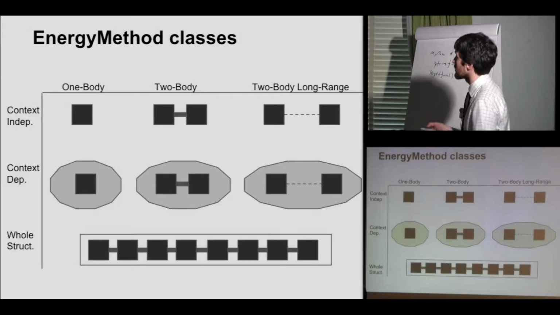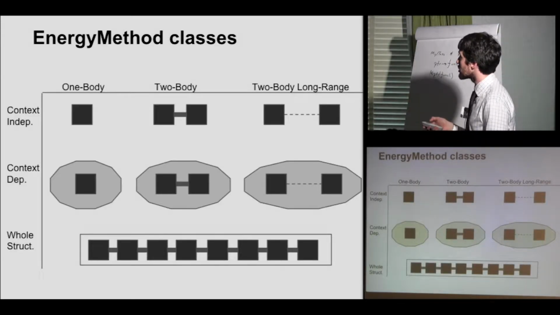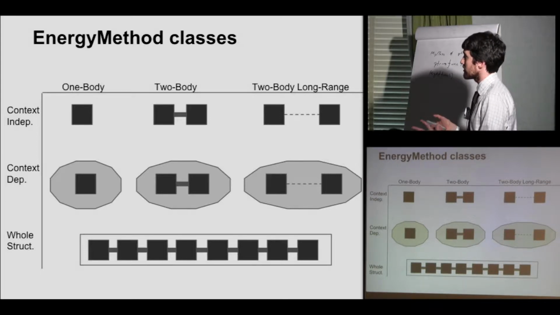Great segue, thanks. Okay, so energy terms, although it's not essential for this right now, it's good to get a sense of what types of score terms are available. Certain algorithms can be done more efficiently depending on what the score term is actually scoring. A one-body term is just looking at a single residue. A two-body term is looking at just two residues together. And then there's two-body long range, which don't necessarily need to be close together in space.